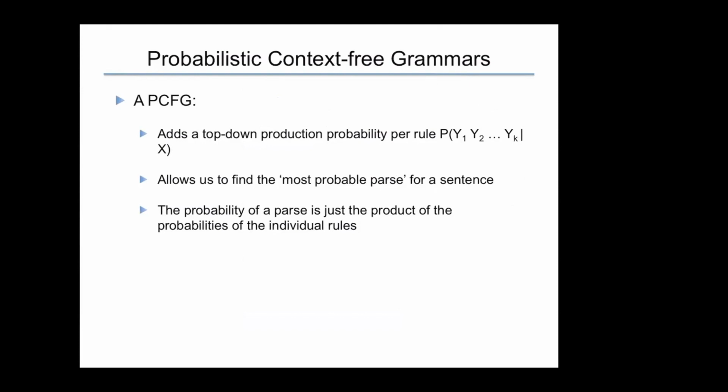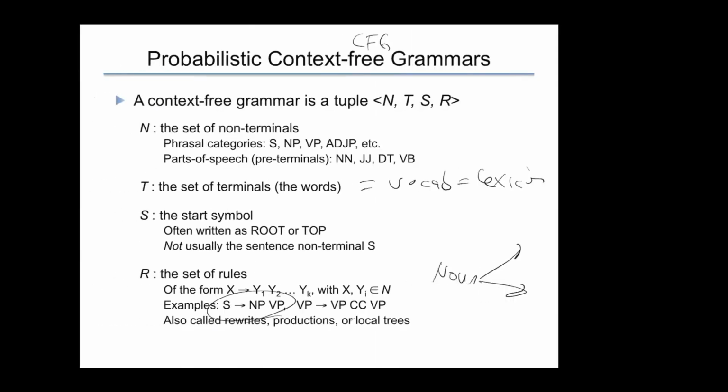So what we can do with PCFG is then, if we have the PCFG defined, that means we have some probability on the rule side. The definition here was just the context-free grammar, right? But what if we add the probabilistic aspect to CFG?